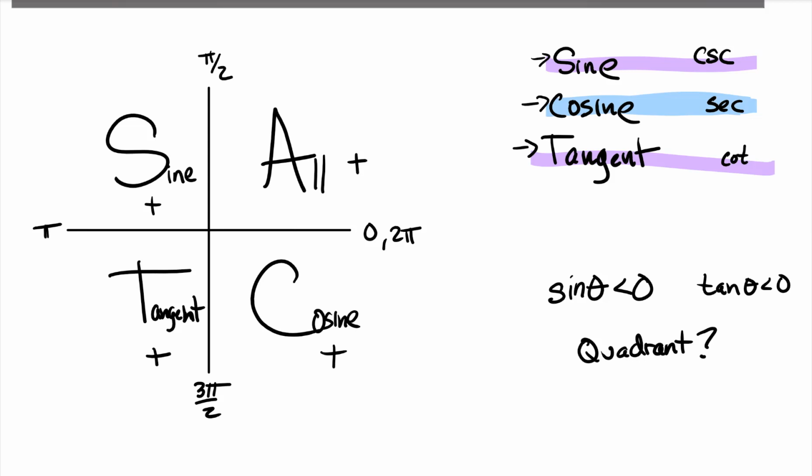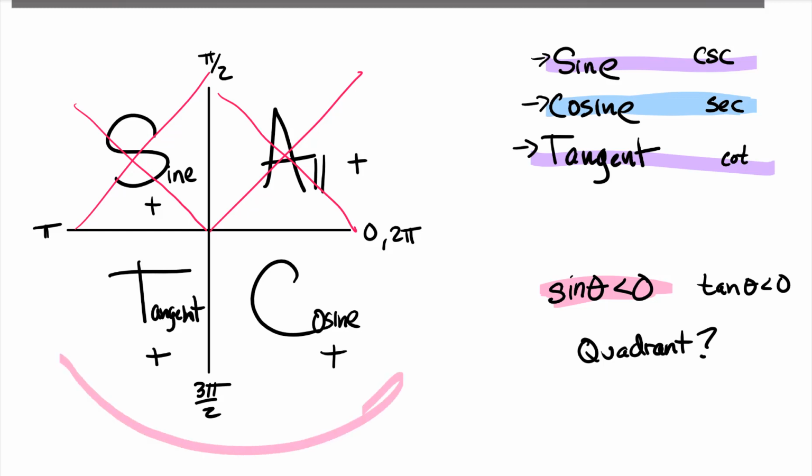If sine is less than 0, that means it's negative. So it can't be in the second quadrant because that's where sine is positive. It also can't be in the first quadrant because that's where everything's positive. So sine is negative down in the third and the fourth quadrant.